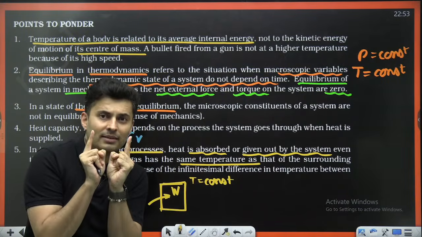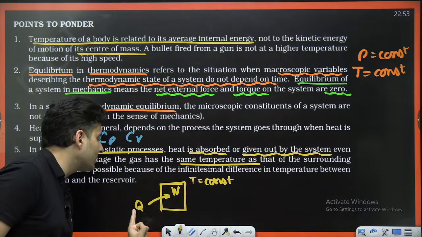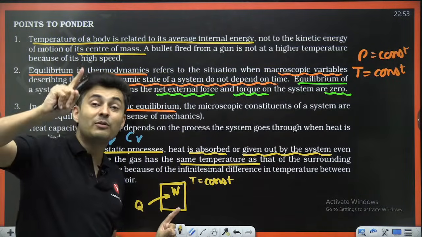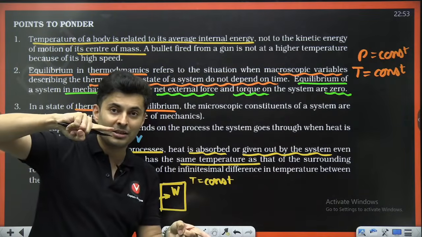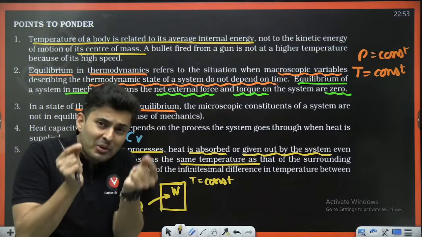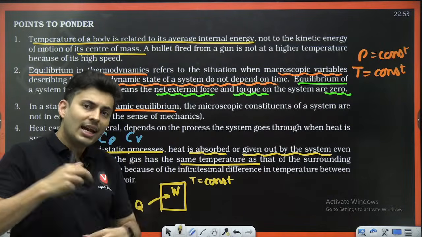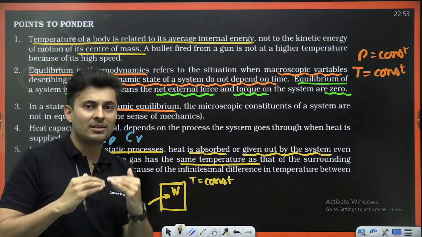Yes, there is a small temperature difference for a small time, but heat flows only when there is a temperature difference. You will ask, sir, temperature is constant, so where is the temperature difference? That difference exists only for a small time. That is when the heat flows, and immediately it adjusts and comes back to the original temperature.